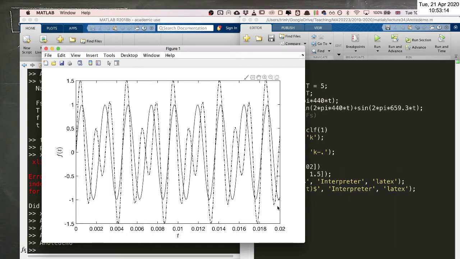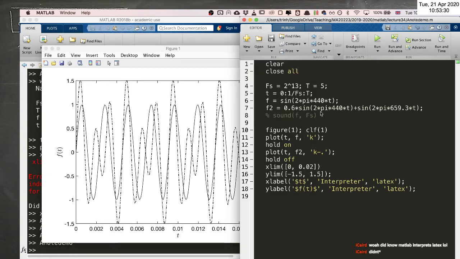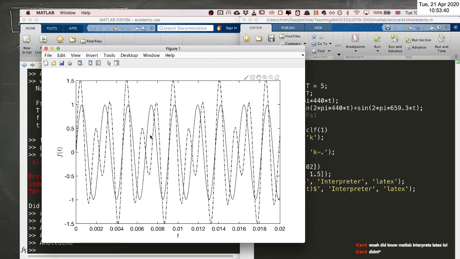So this is plotted in T and then F. And in the solid lines you see is just that very basic sine wave, 440 hertz, 2 pi times 440. On the other hand, you also have a dashed dotted curve, and the dashed dotted curve is the secondary signal. It's the one which was composed of 0.6 of the 440 plus 1 times the signal for the 659.3.